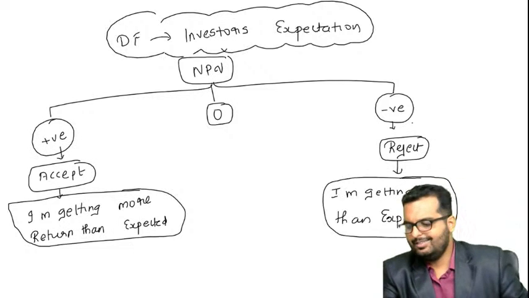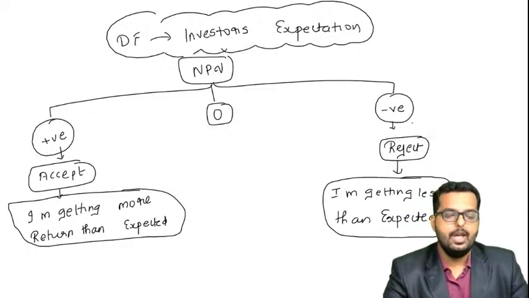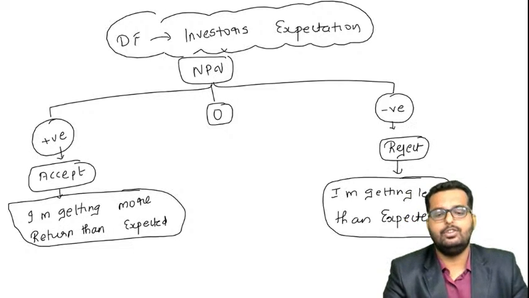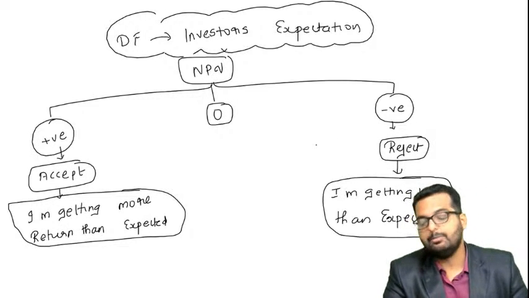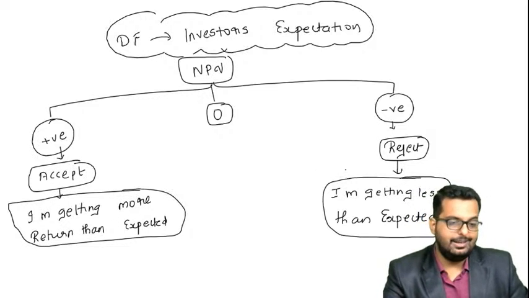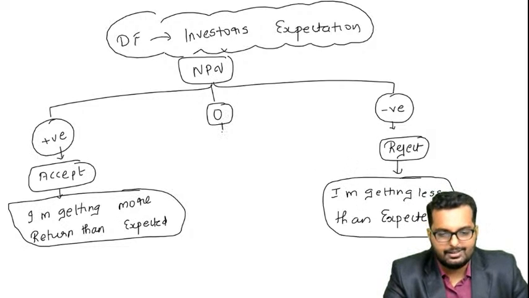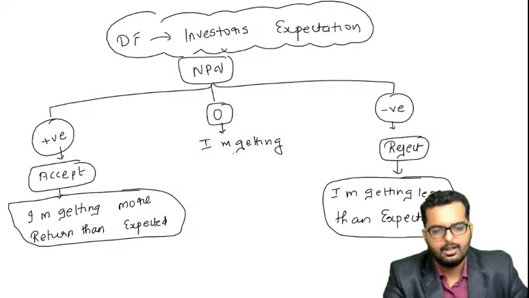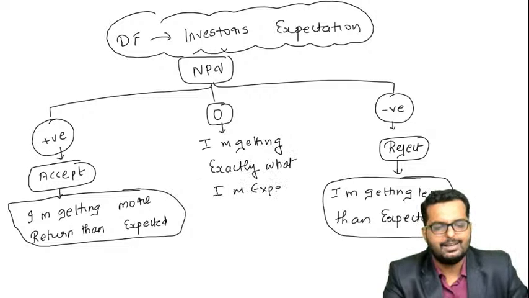Now the last question is NPV 0. Friends, if NPV is 0, I got the opinion in the chat box that it should be rejected. I will now ask you one question. Accept, I am getting more than expected. Reject, I am getting less than expected. 0 would mean I am getting exactly what I am expecting.